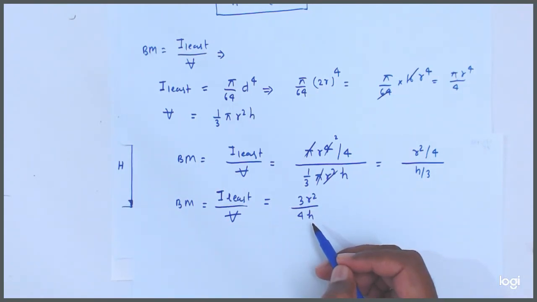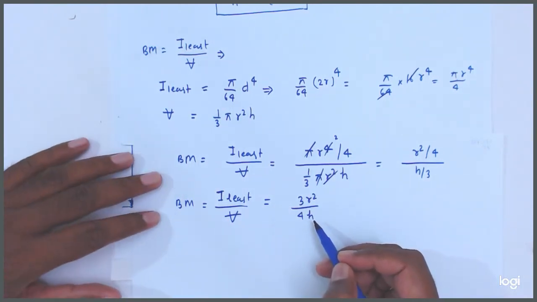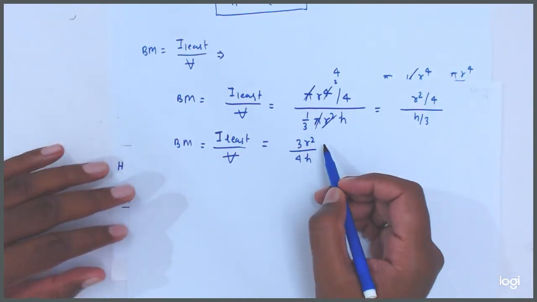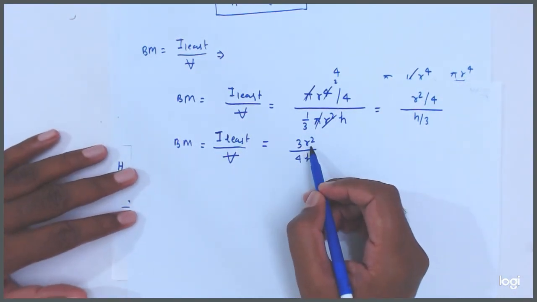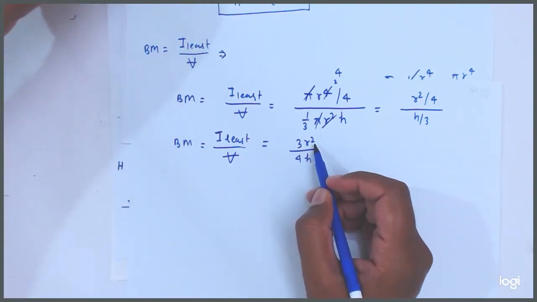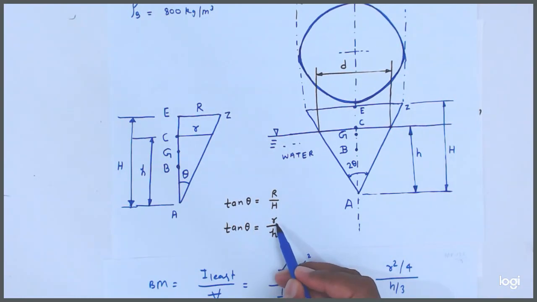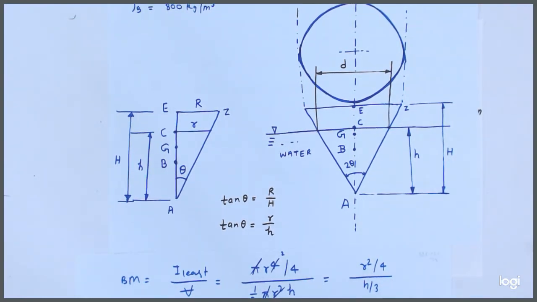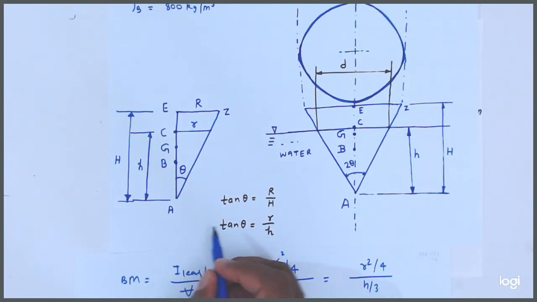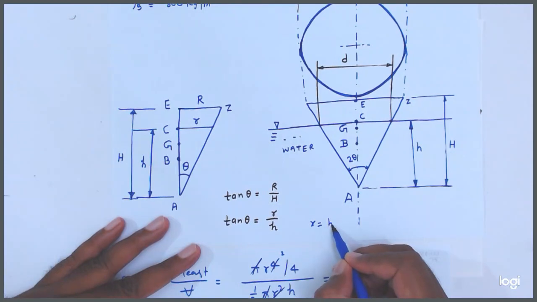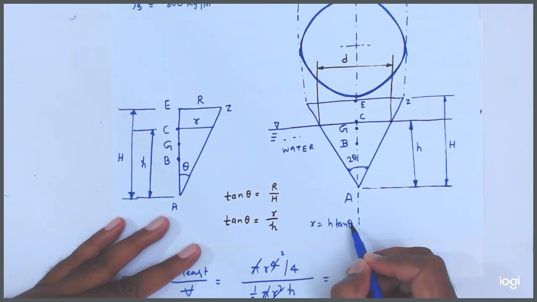Okay friends, now since we have to find theta, the apex angle, we will put the r value in terms of theta, which we already know. What is the small r value? r is equal to h tan theta.